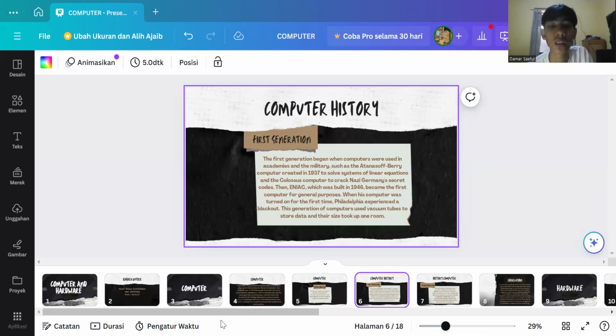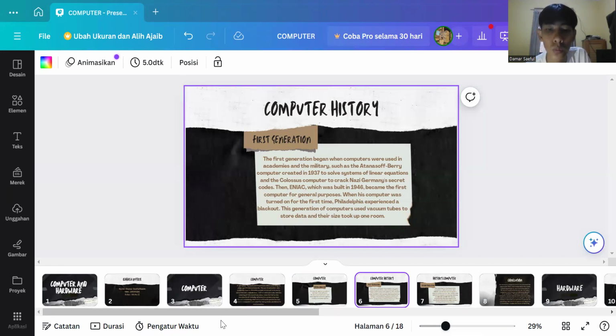Computer history. The first generation began when computers were used in academies and the military, such as the Atanasoff-Berry computer created in 1937 to solve systems of linear equations, and the Colossus computer to crack Nazi German secret codes.